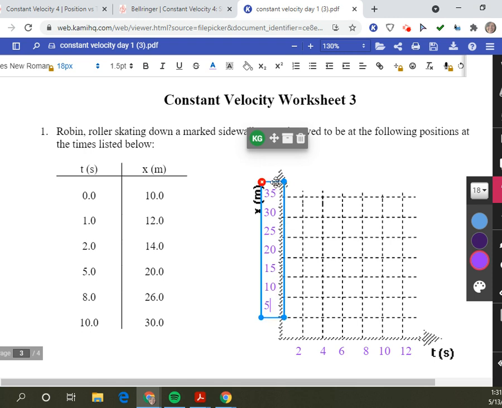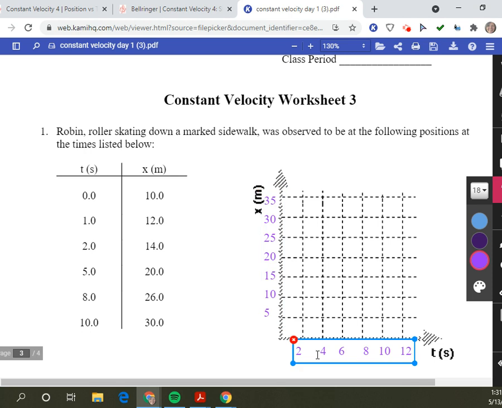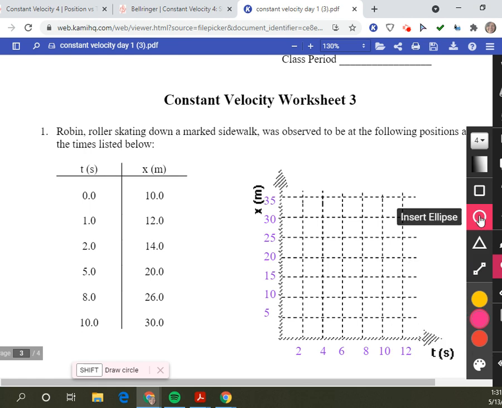All right, so now we have a graph. Now we have labels on our y-axis and labels on our x-axis. And now we can find 0 for time and 10 for meters. So at 0 time and 10 meters, that's where Robin was.